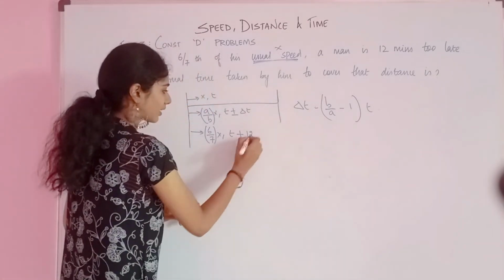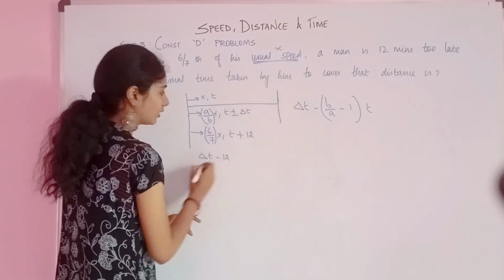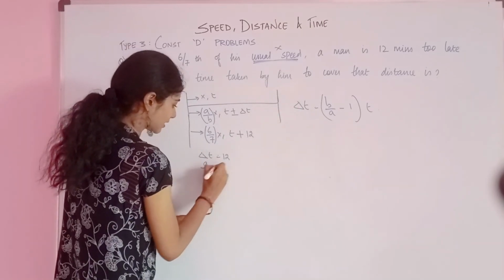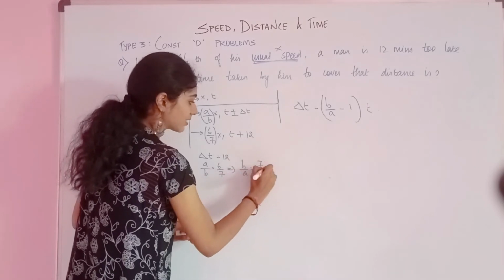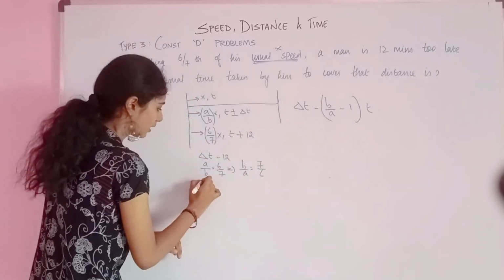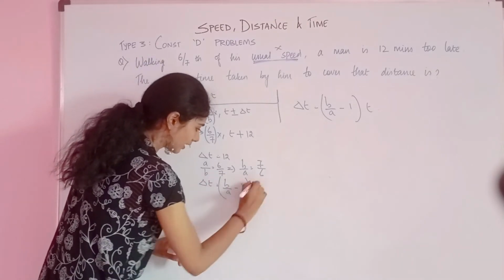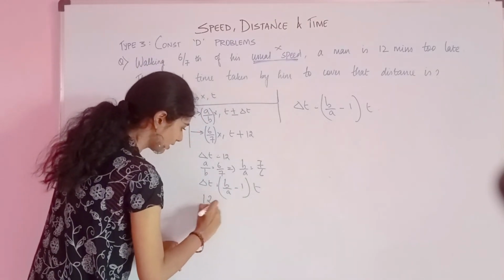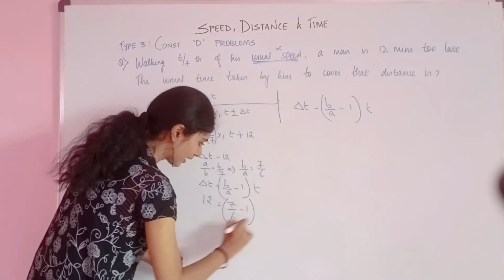So what amount is given? Delta t is given. Delta t is 12. And we know that a by b is 6 by 7. So obviously b by a is equal to 7 by 6. Apply this formula. Delta t is equal to b by a minus 1 into t. So delta t, 12, is equal to 7 by 6 minus 1 into t.